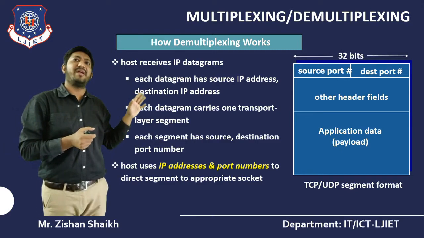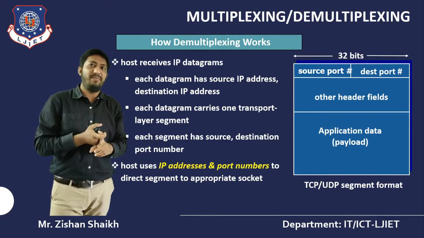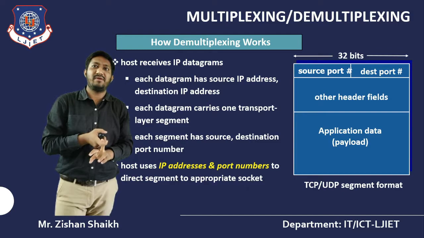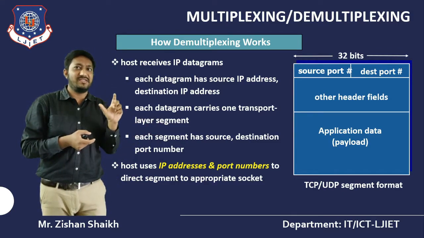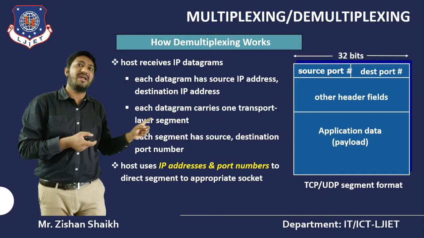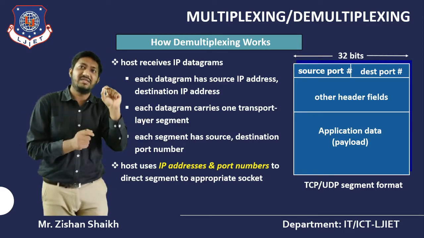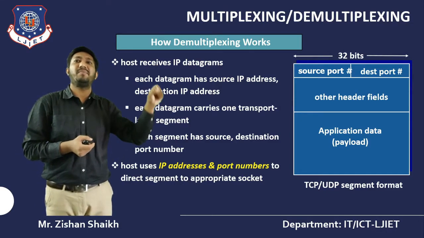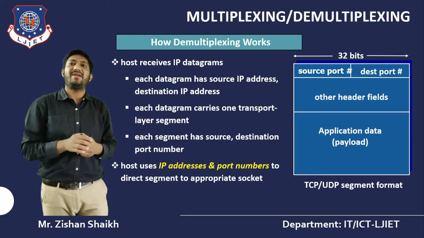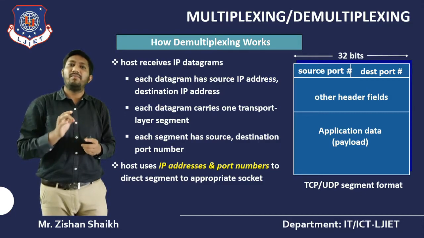Each datagram has a source IP address and destination IP address, and each datagram carries one transport layer segment, that is our message. Each segment has a source and destination port number. So whenever that message goes through our network, it carries the IP address as well as the port number.